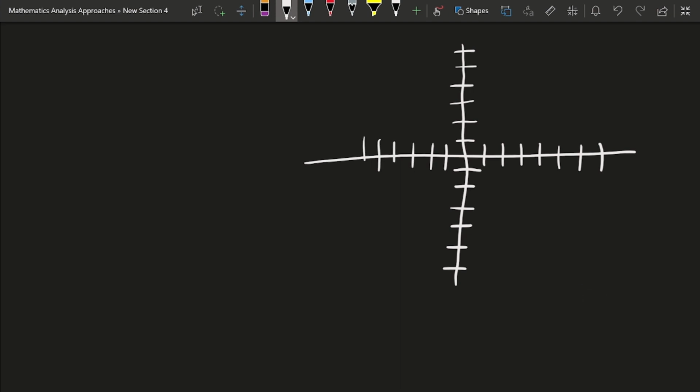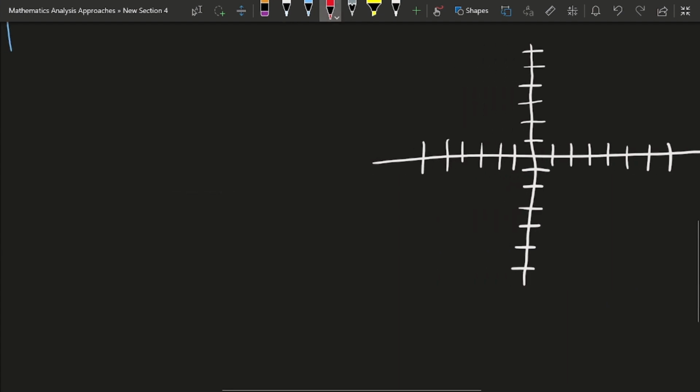Okay. Let's say we have the linear function t of x is equal to 3x plus 1.